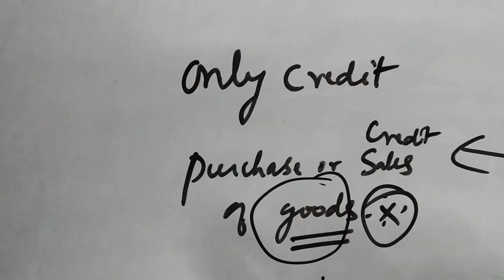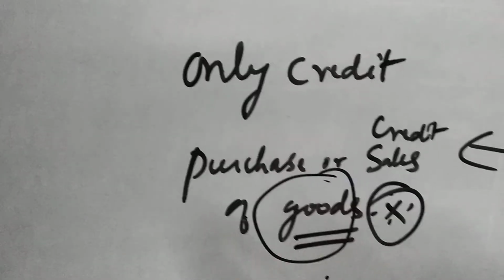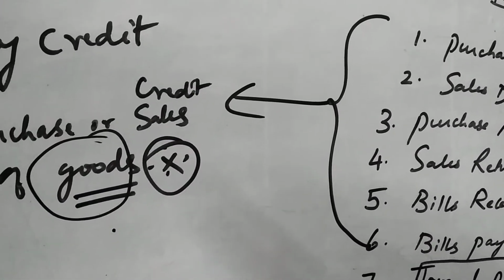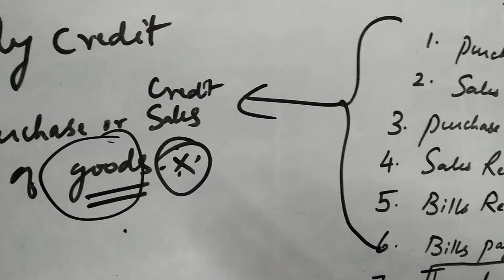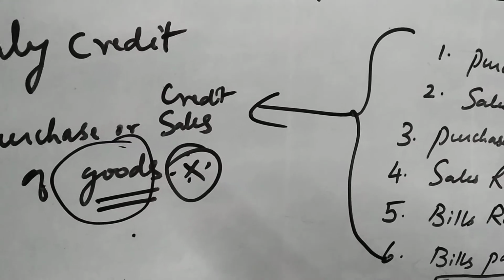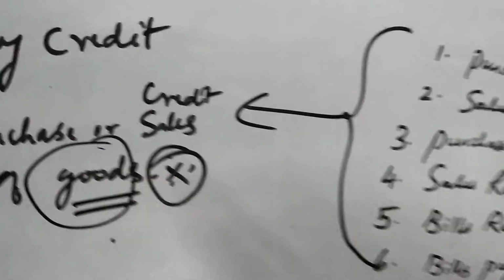When that purchase is a credit purchase, then that will be recorded in the purchase day book. If you are selling goods on credit to your customer, that will be recorded in the sales day book.